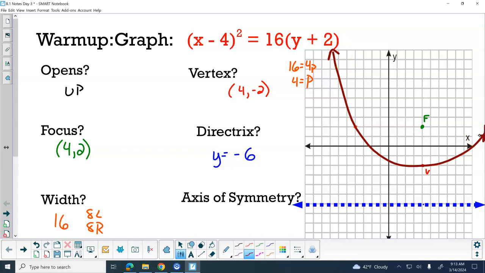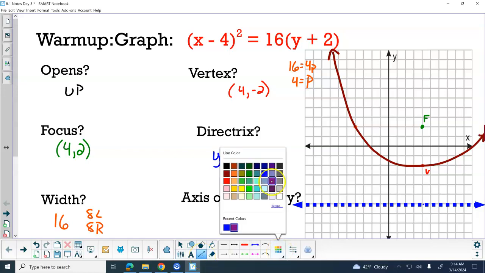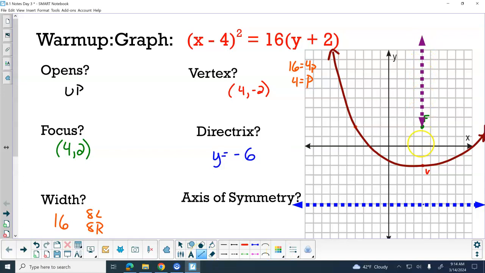And lastly, we have the axis of symmetry. The axis of symmetry is the line through the focus and the vertex, which would be the line x = 4.